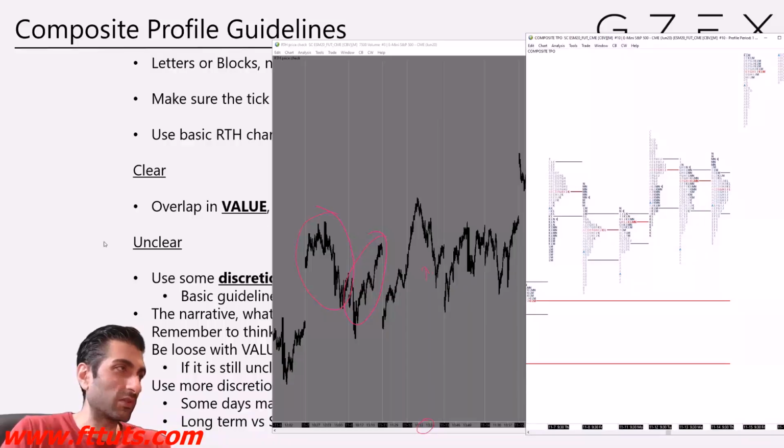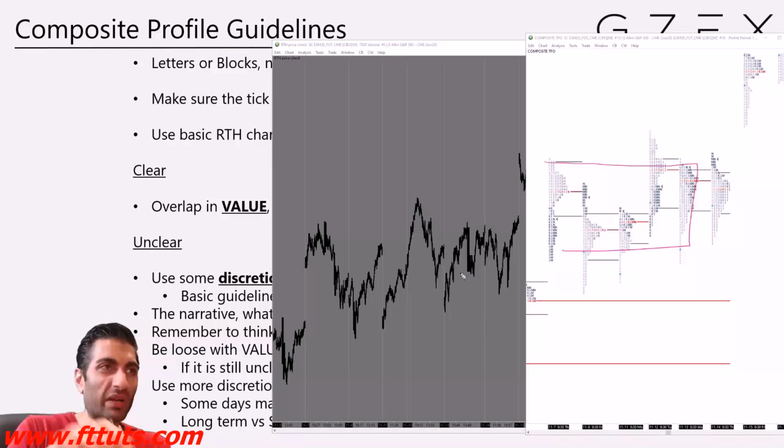And so on and so forth. So basically, one of the things that I used to do is, you know how I said that I would merge these days, even though it didn't look quite clear when you merged them. Well, let's have a look.